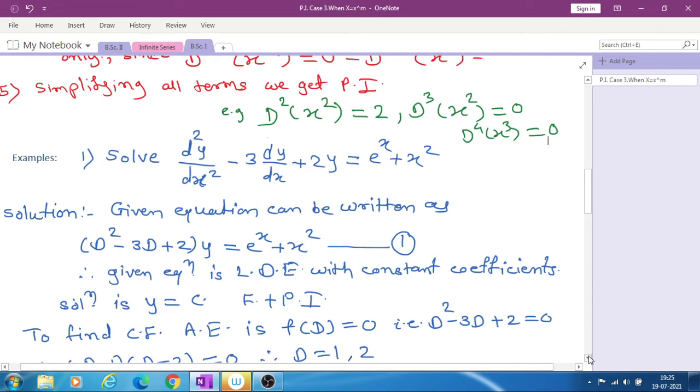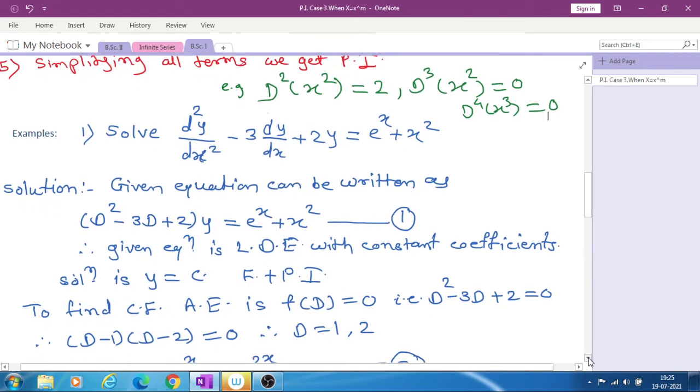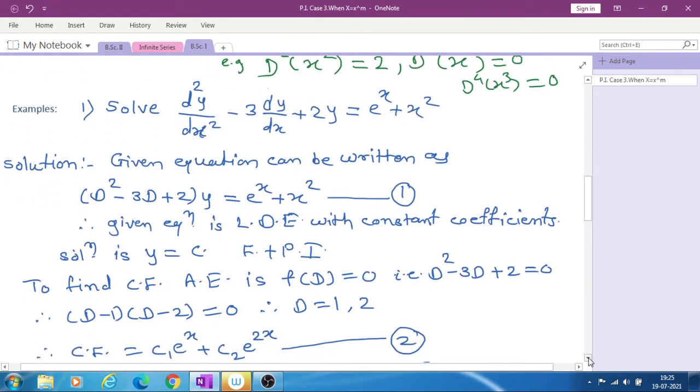See, here the example is d2y by dx square minus 3 into dy by dx plus 2y is equal to e raised to x plus x square. First you have to identify every time what type of differential equation it is.